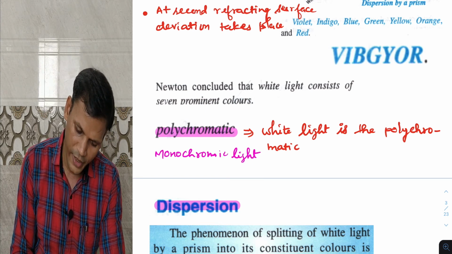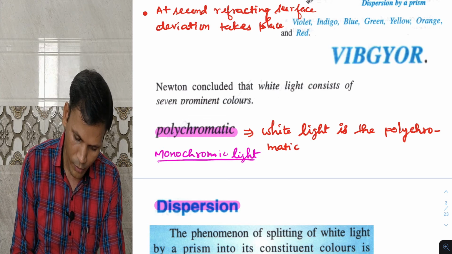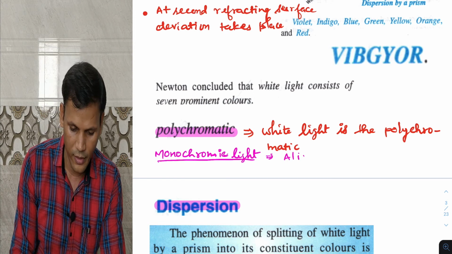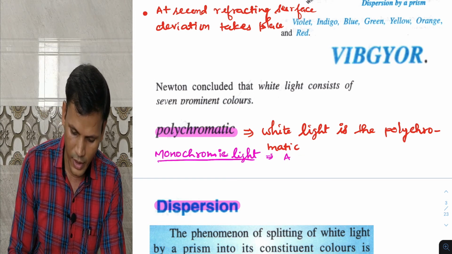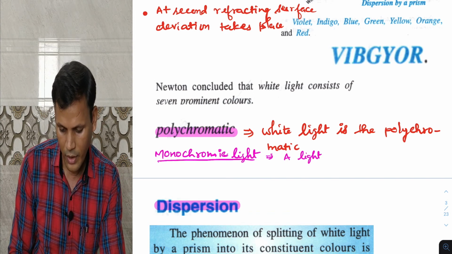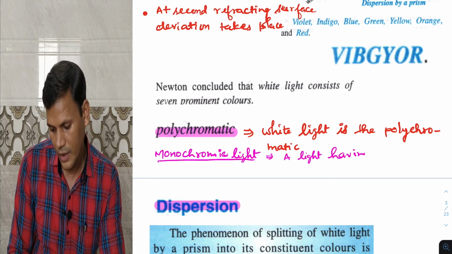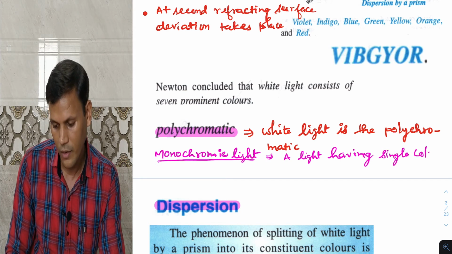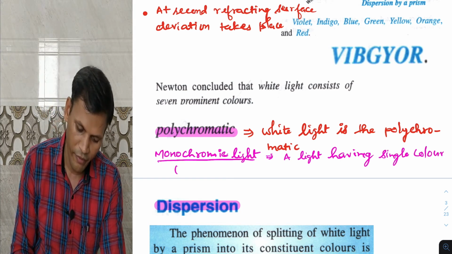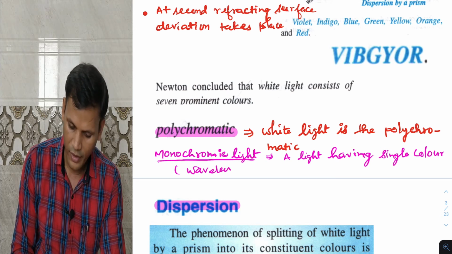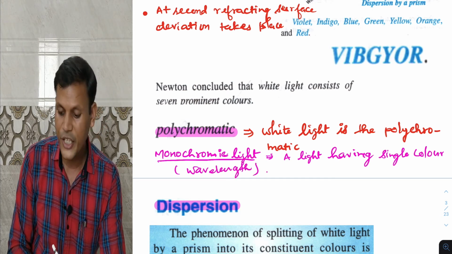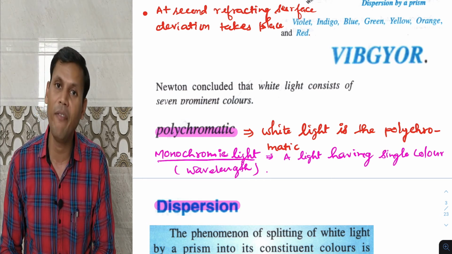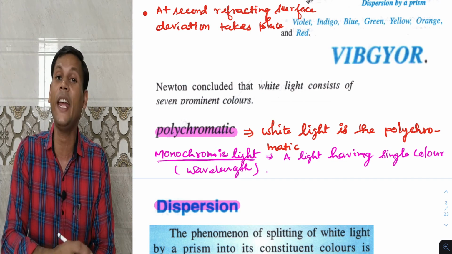So monochromatic light is a light having single color or wavelength, because different colors of light are due to different wavelengths. Already I have mentioned in the beginning.